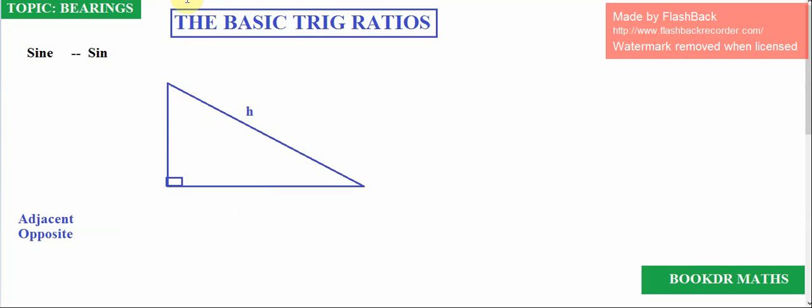So for instance, I am going to place an angle here, let me call it angle X, and then place another angle here, angle Y. Based on the angle that you are referring to, it would determine the name you should give to this side or that side.